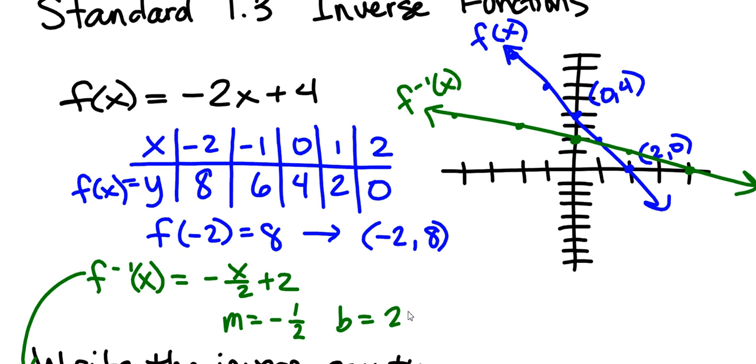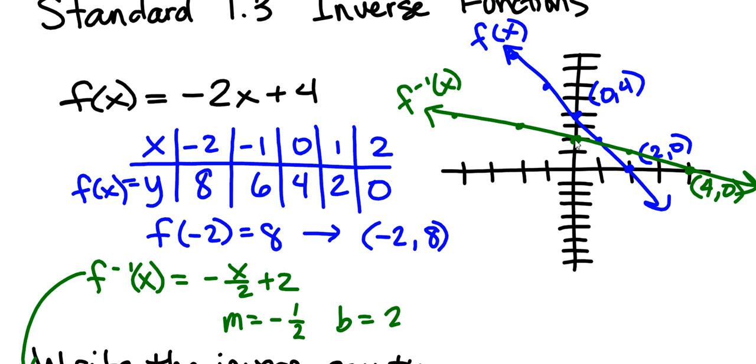Now, something that I noticed is on the function, the blue function, I had the point 0, 4. Now notice on the green function, I have a point at 4, 0. Or the inverse of it. On f of x, I had a point at 2, 0.